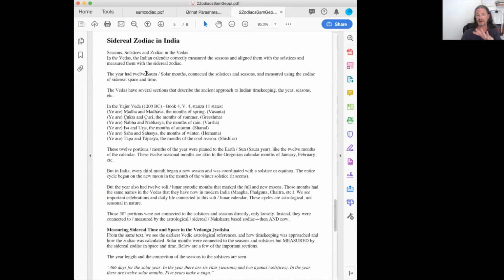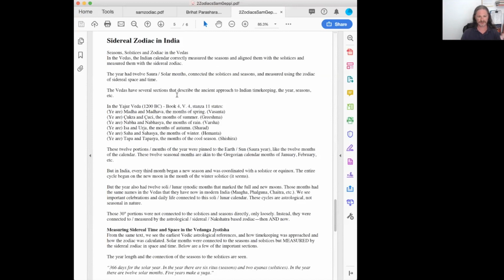We just saw Ptolemy calling months by astrology sign names, and even in the Surya Siddhanta, by the time of the Surya Siddhanta, they're saying that Aries and the rest are months of the year. They're not even saying Aries or zodiac signs anymore, right? So by the end of the Surya Siddhanta, that's what's being said. Here it's very clear: the solar or Sara months were connected to solstices and seasons, and measured using the zodiac of sidereal space and time.